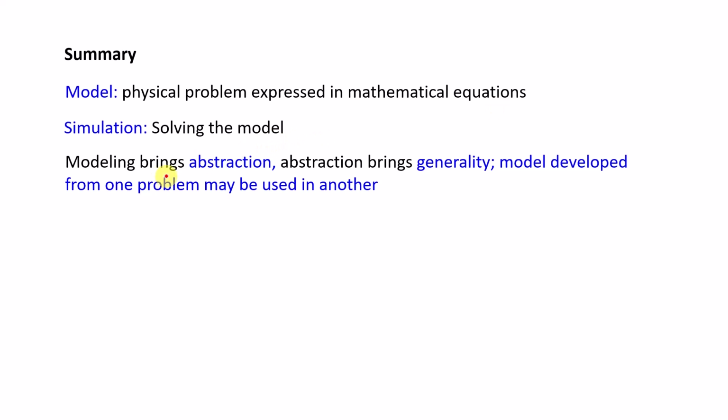We can clearly see that modeling brings a sense of abstraction, which is extremely important in engineering practice. This abstraction makes it general, so a model developed for one problem may be used in another.